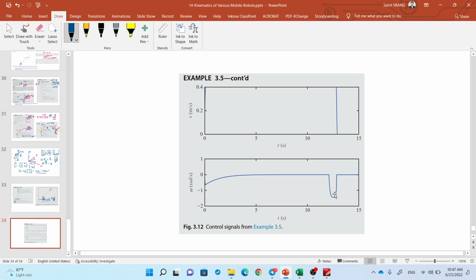Because for one waypoint, it goes from this point to this point, and then to another point. So the change at the intermediate point is like a spike. It changes instantaneously by a lot in a very short time, right? So this one somehow changes smoothly, even though it changes by a lot, it goes smoothly.